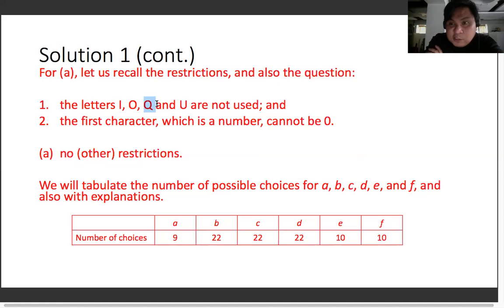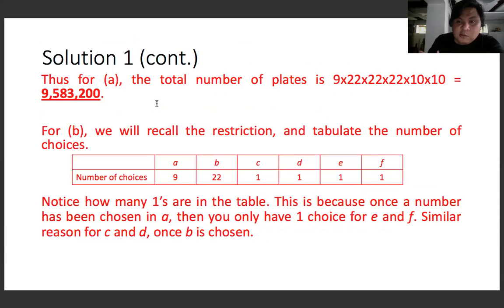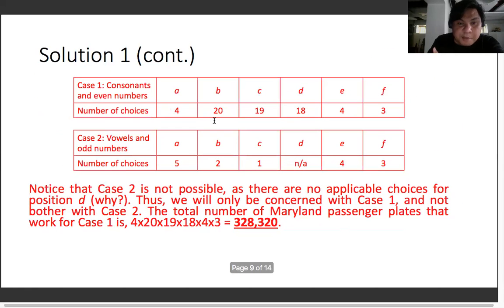It's the only consonant that you can't use. So if you had 21 consonants but you can't use Q, you can only use 20 possible consonants. So position B has only 20 possible consonant choices.